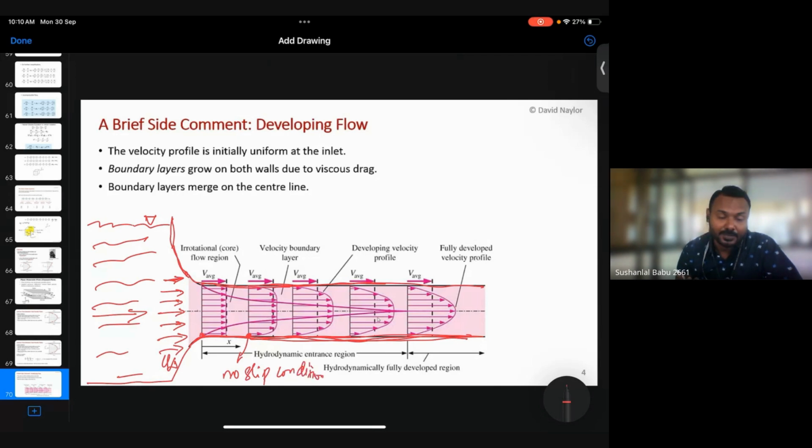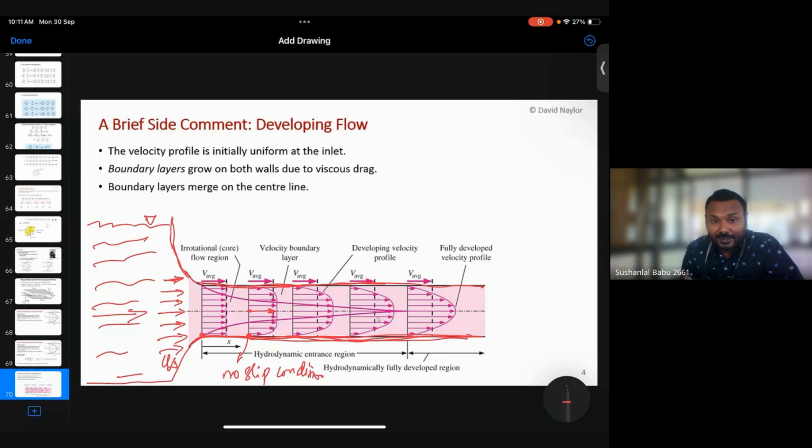There is no slip. Slip means something is moving, slipping over the surface. No slip means it is not slipping and is fixed or attached to the surface. So that fluid will get zero velocity. But at the center, it will be whatever velocity it is entering with.